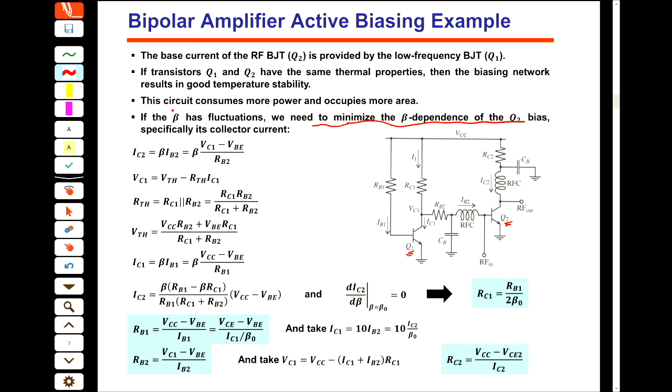the sensitivity of the performance of our circuit to beta fluctuations. So if the beta is changing, which it does in the process, for example, you buy two NPN 2N22 transistors, and it says that the beta is, I don't know, 200.